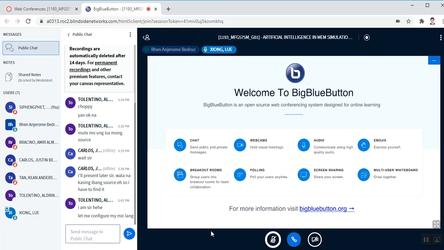Let me share my screen. Share screen is located at the bottom. How to share screen?